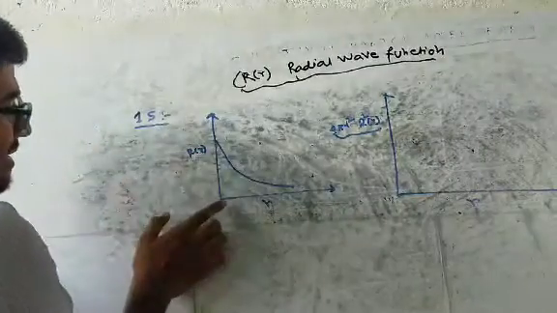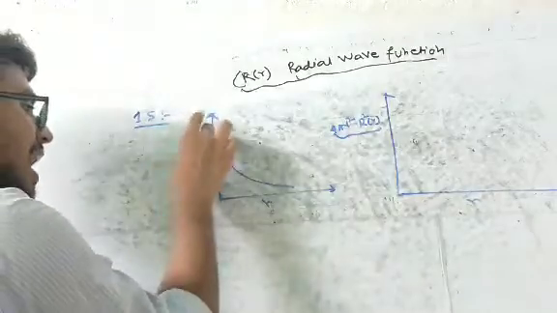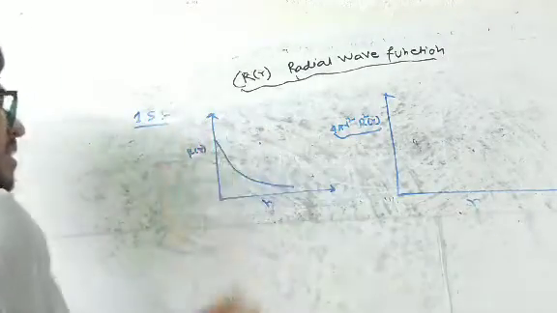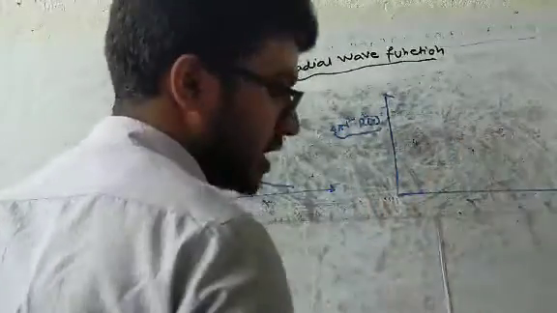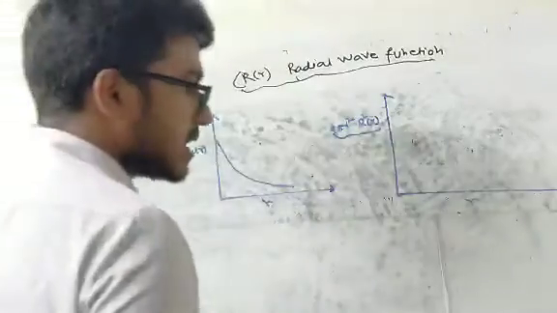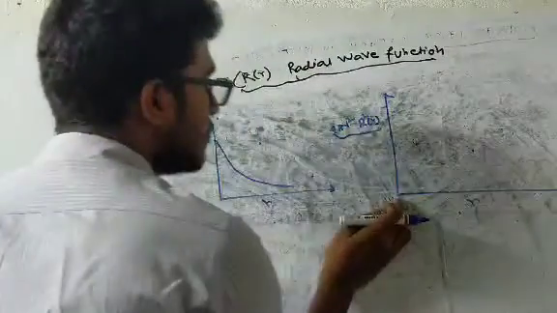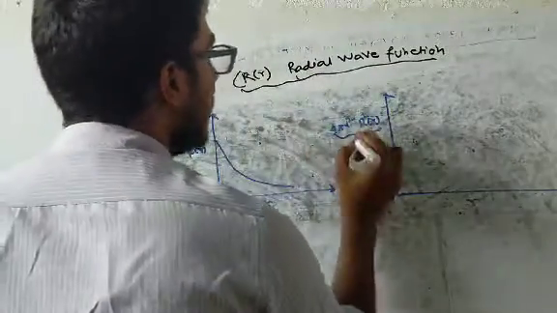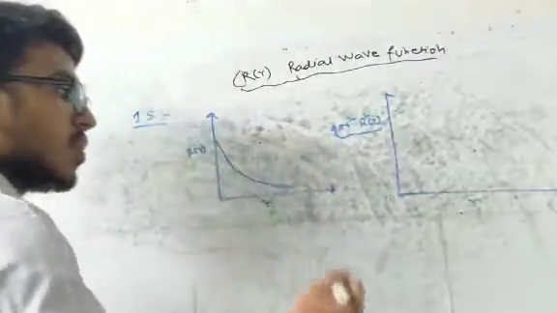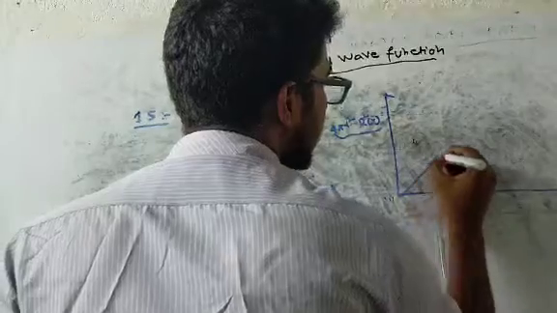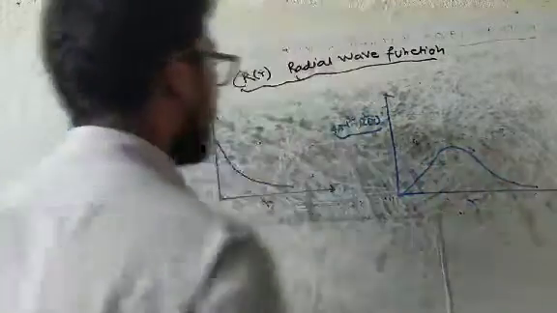In case of the 1s orbital, if you plot only R of r versus r, the graph starts from the y-axis. But if I plot 4 pi r square into the square of the radial wave function, my graph starts from the origin. We know that for the 1s orbital there is no node, so the graph increases and then decreases.